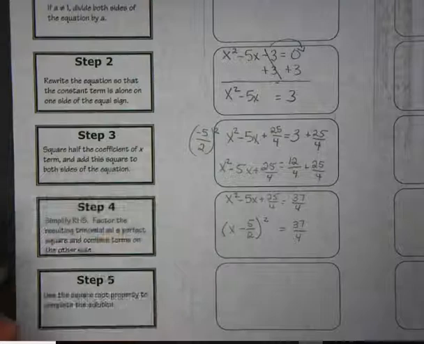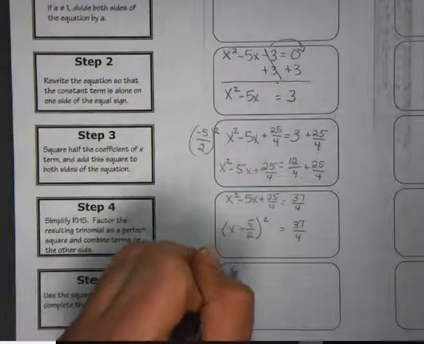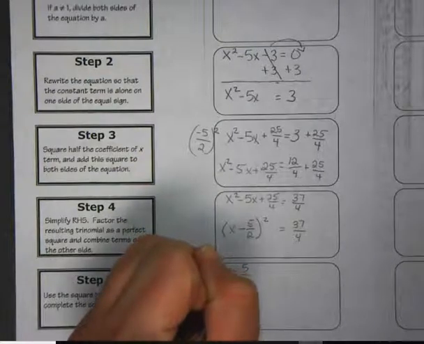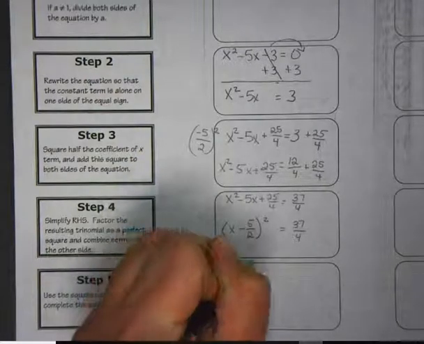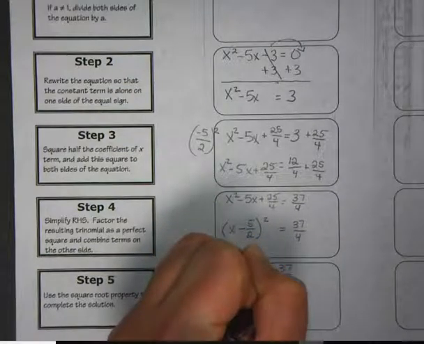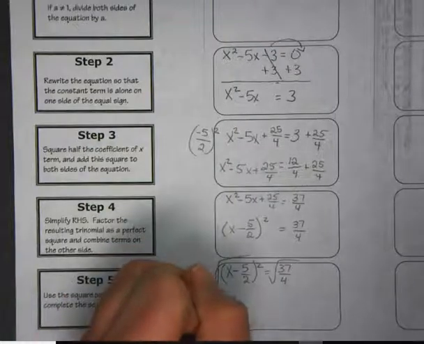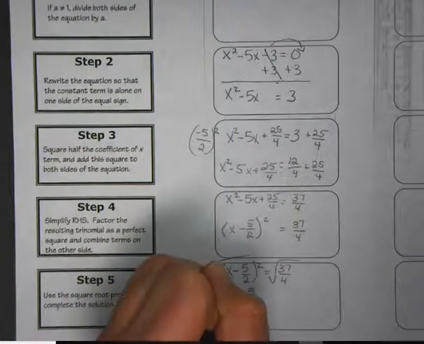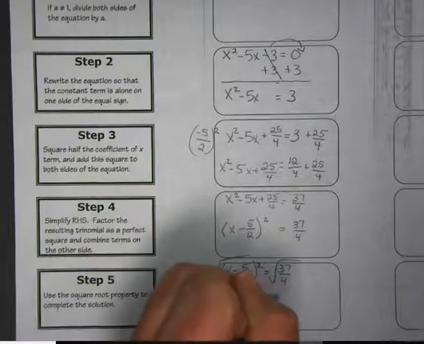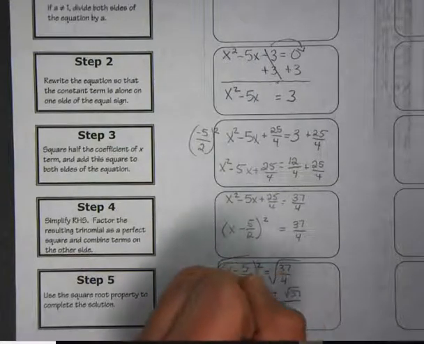All right, so our next step is to use the square root property to complete the solution. First, we have x minus 5 over 2, quantity squared, equals 37 over 4. We need to take the square root of both sides. So that gives me x minus 5 over 2 is equal to plus or minus the square root of 37 over 2.